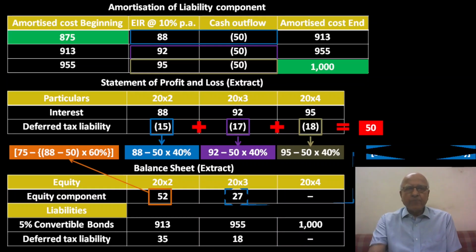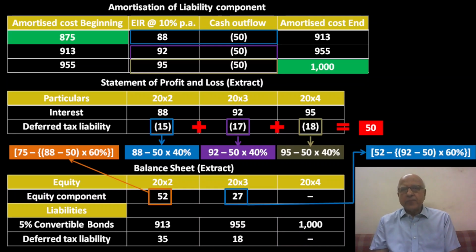In the same way, we calculate this, you see, 92 is the interest charge, interest paid 50, 40% is deferred tax liability, 60% is the equity component to be transferred to retained earnings. This is 25. So 52 minus 25 is 27.